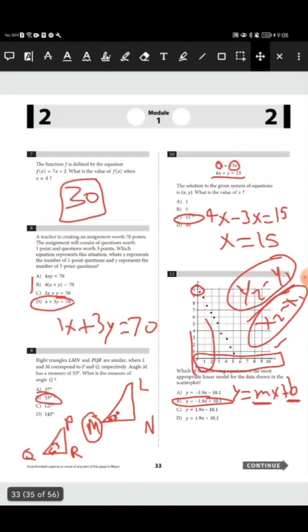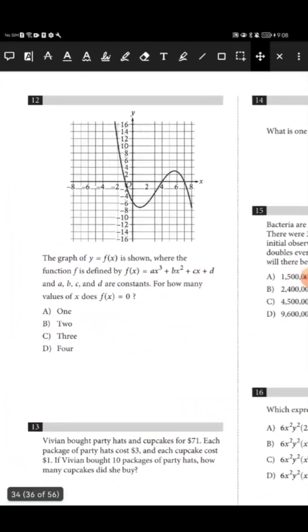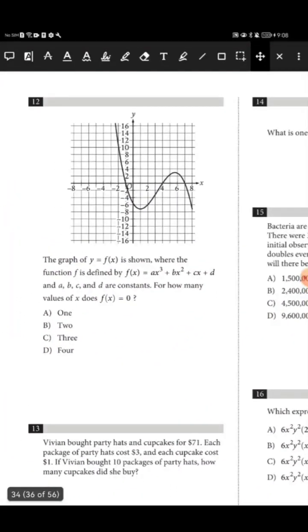Moving on to question number 12. The graph of y equals f of x is shown, where the function f is defined by f of x equals ax cubed plus bx squared plus cx plus d. And a, b, c, and d are constants. For how many values of x does f of x equals 0?